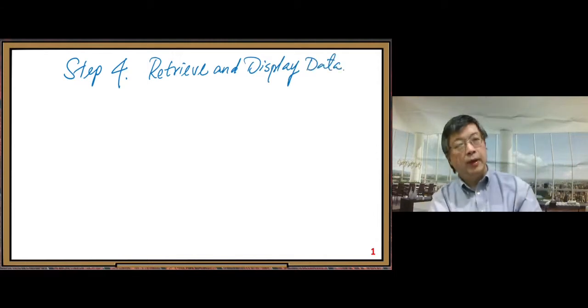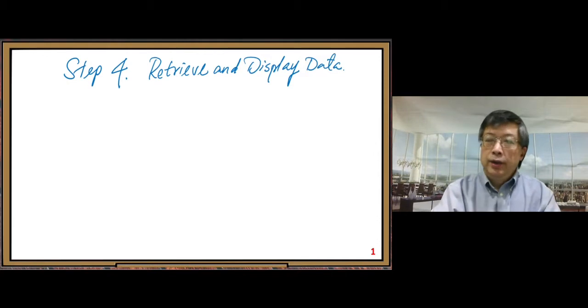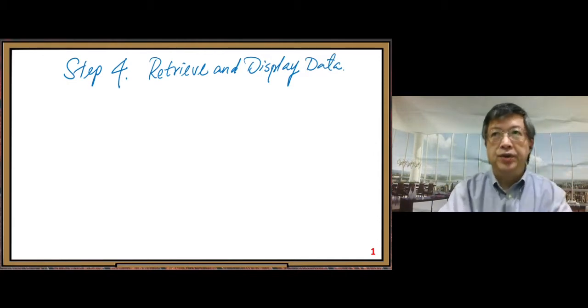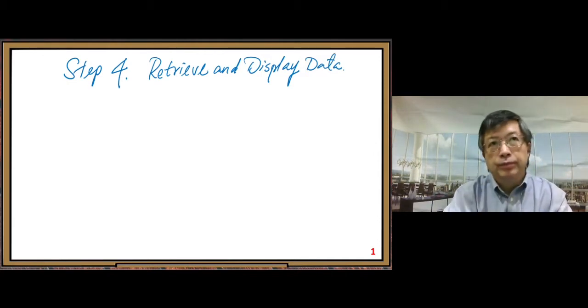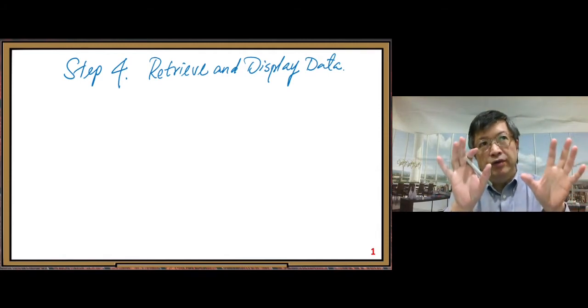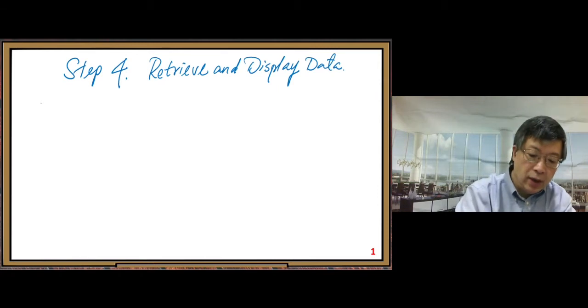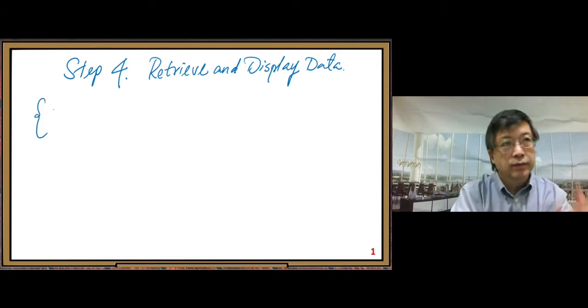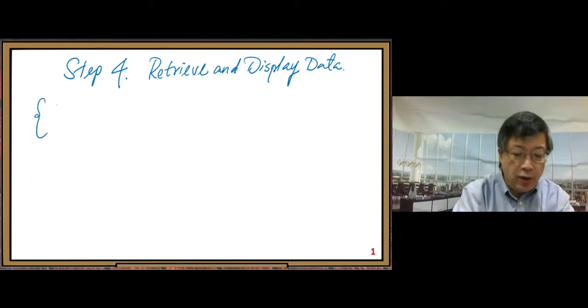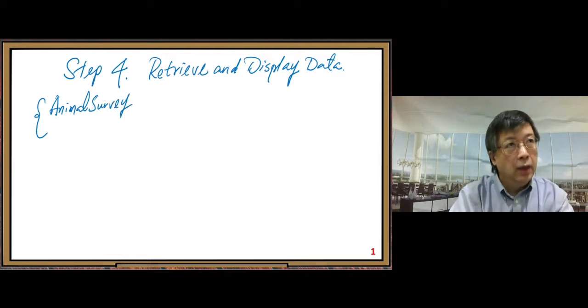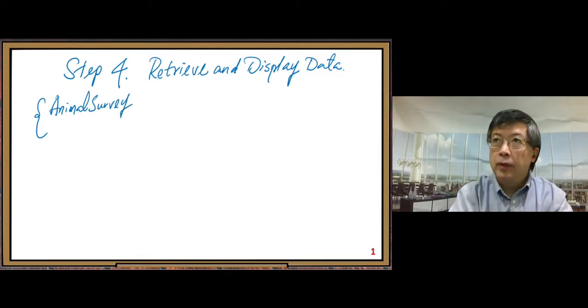All right. To do that, we use 2 projects. So we need to modify the code from 2 projects. So one, JDBC, the database query part, animal survey. All right, another one.